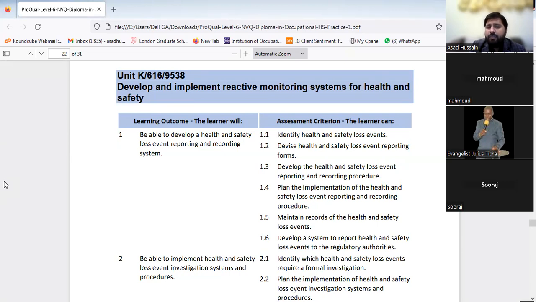So here in 1.4, it is asking that you have developed health and safety reporting procedures, and in addition to that, loss event reporting forms are there. So basically, focusing on the accident reporting procedure, what is your plan in your organization for the implementation of that reporting procedure?